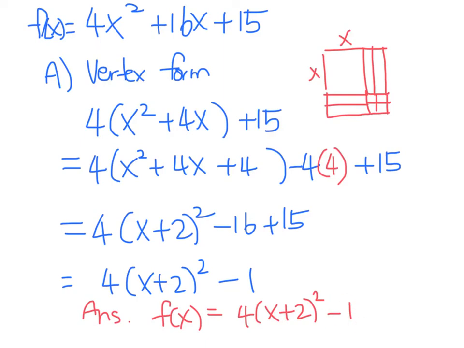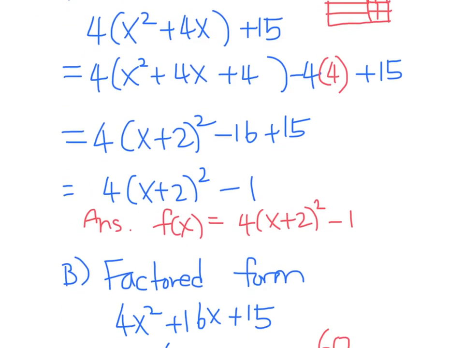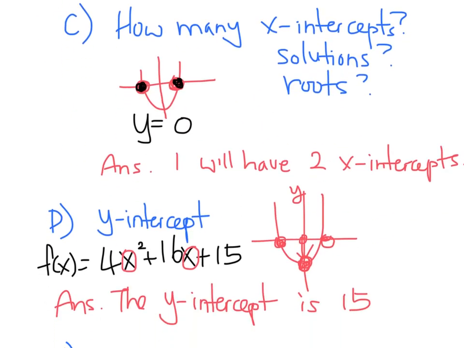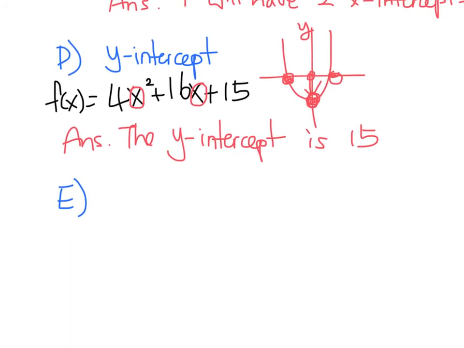You have to switch the sign for the x because the vertex form is a times x minus h, right? So your answer is going to be -2, comma, -1. Of course I want you to write your answer like this.